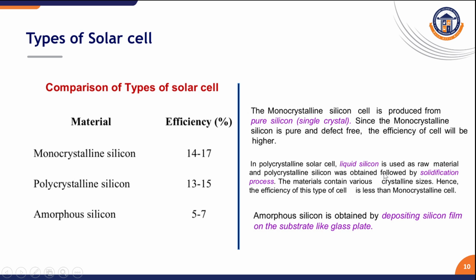Amorphous silicon cells are made by depositing silicon films. They are less efficient but flexible and useful in small devices like calculators and watches. This classification helps us choose the right cell for the right application, whether for a large solar farm or a small gadget. This is about the types of solar cell.